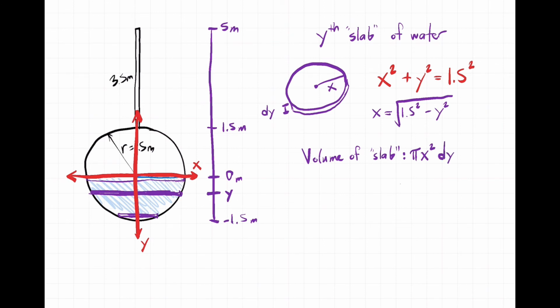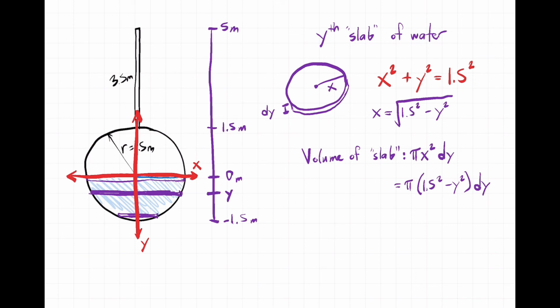I'll just fill in the value of the x here. This is going to be pi times the square root of 1.5 squared minus y squared, squared. That's just 1.5 squared minus y squared times dy. That's the volume of that slab of water.